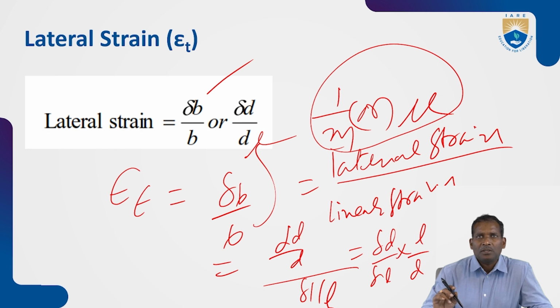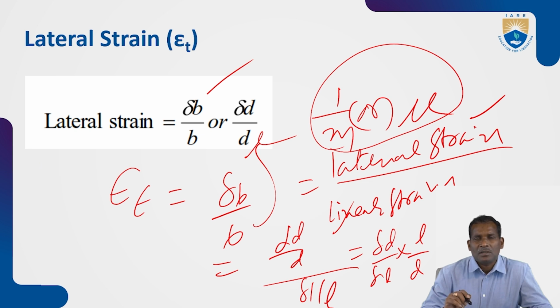The Poisson ratio is nothing but the ratio of lateral strain to linear strain. So first you should know the lateral strain and then the linear strain and then apply the ratio. It gives Poisson's ratio.